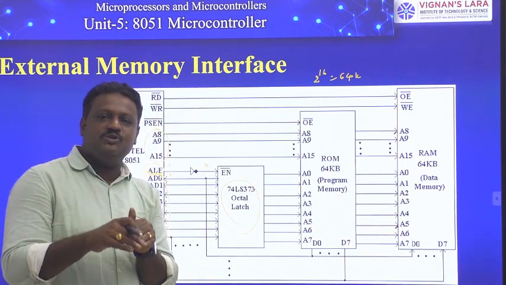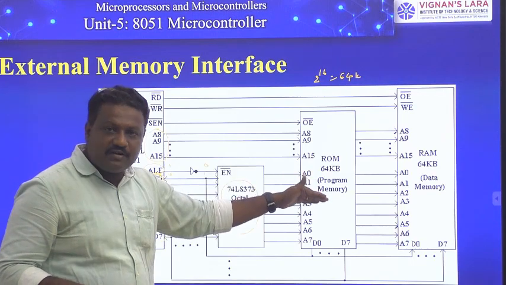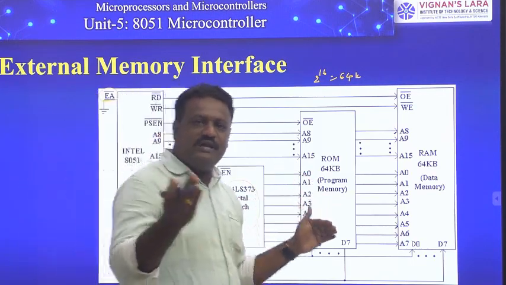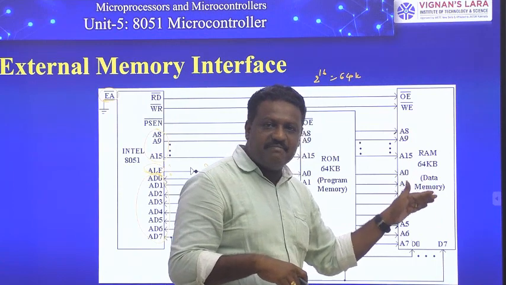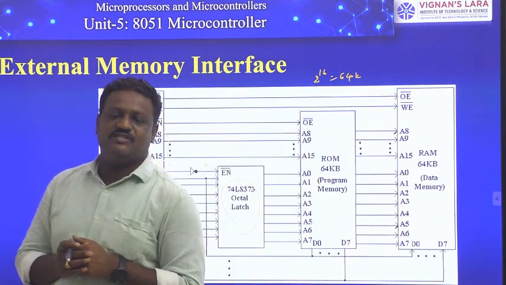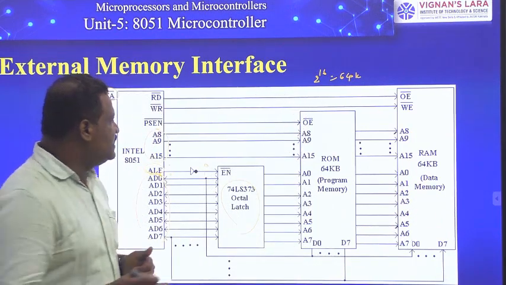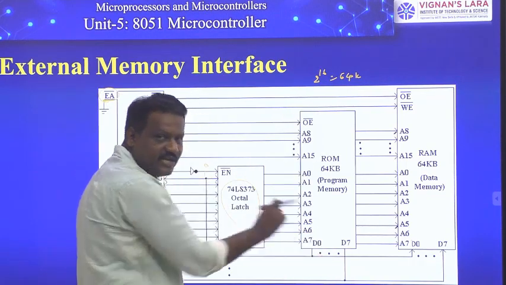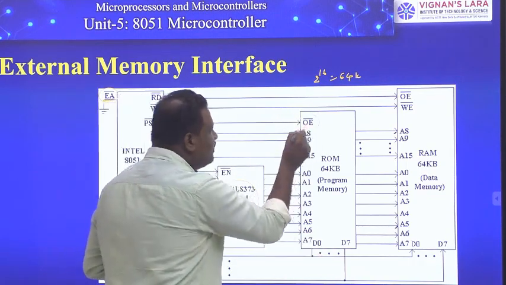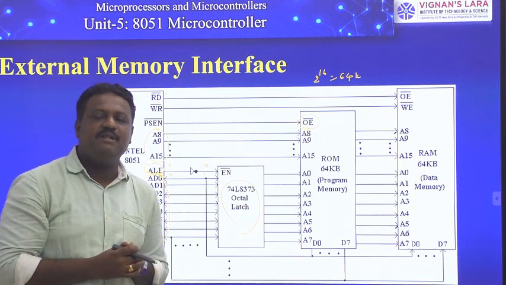Now if you want to do a read operation on this ROM, or a read or write operation on this RAM, we need chip select signals. So here, in order to read something from any location of this ROM, it needs an OE bar signal, that means output enable bar signal.